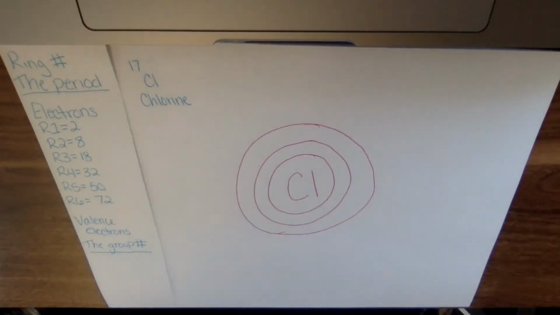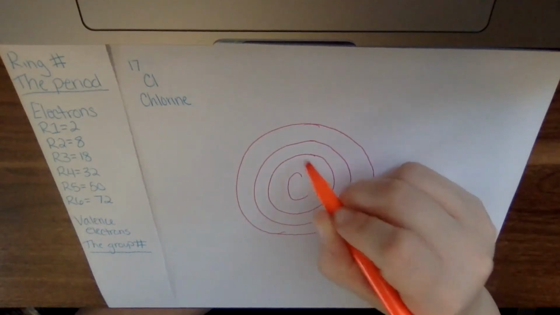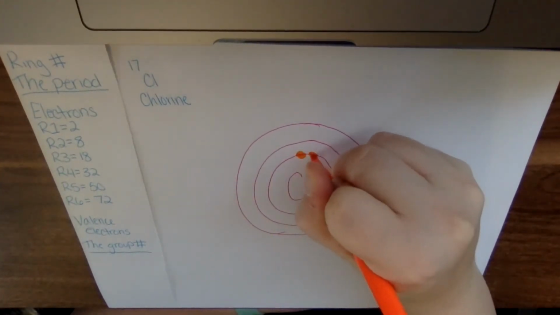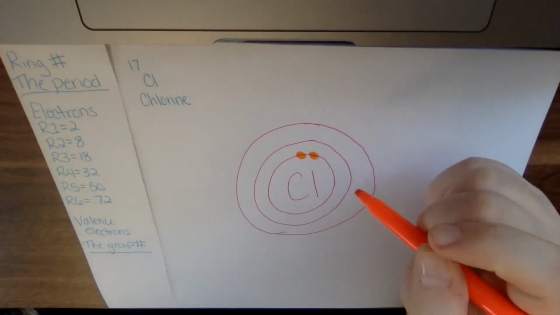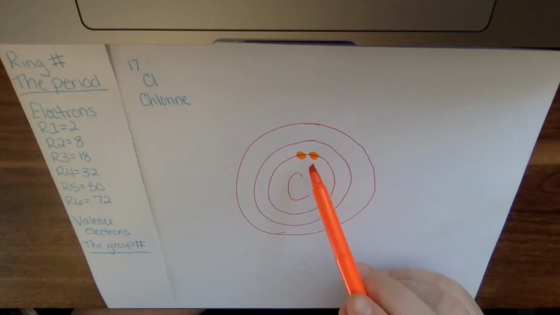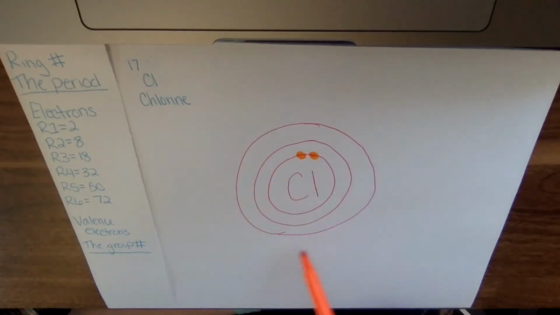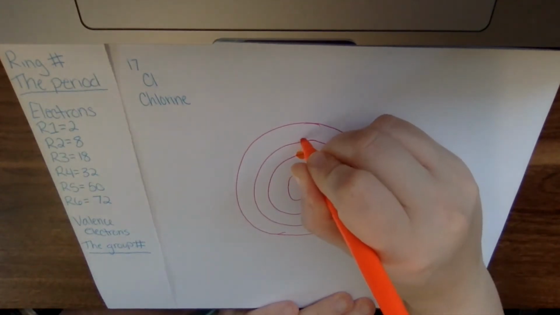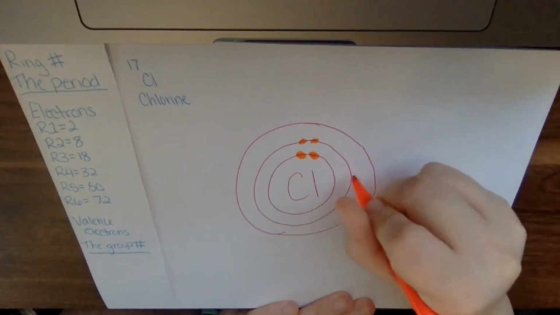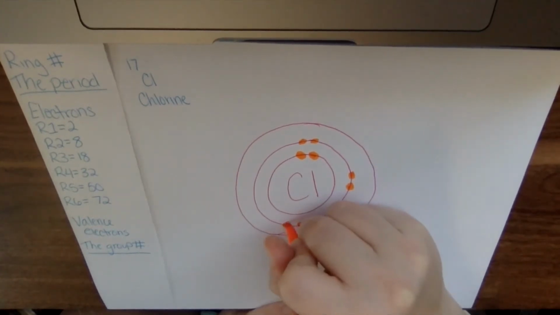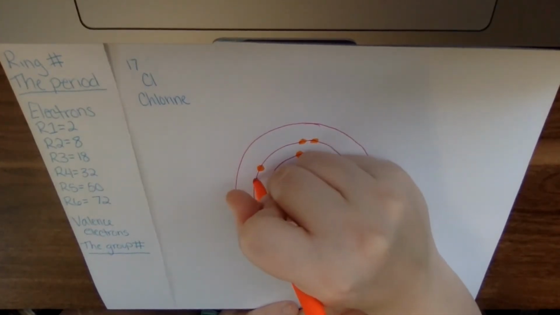I'm going to do kind of the same thing I did last time. I start out in ring 1, which can hold 2. So 1, 2. The second ring can hold 8, so that would be 10 total. So I'm going to fill in the second ring, 1, 2, 3, 4, 5, 6, 7, 8.